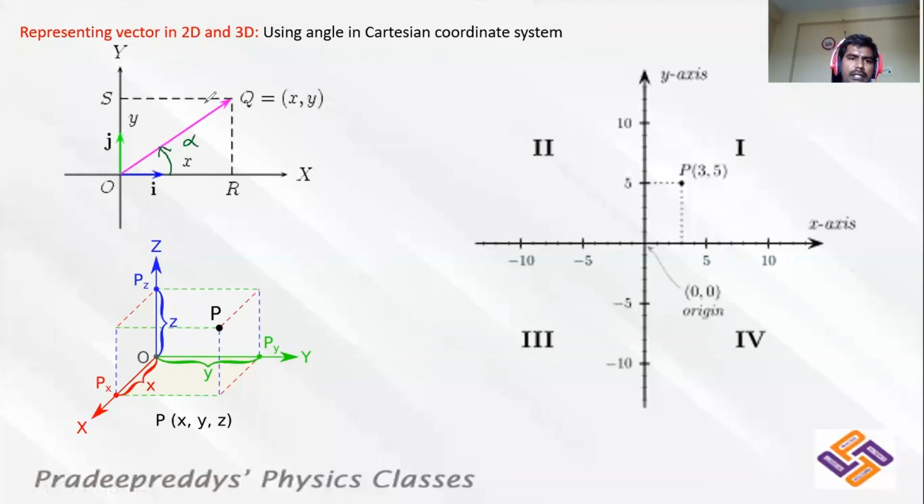Now here, vector is OQ. This OQ vector, it is making an angle alpha with respect to x-axis. So you can represent OQ as a vector with angle alpha with x-axis. And you should represent that alpha is in anti-clockwise direction with respect to x-axis. This is one way you will represent a vector.